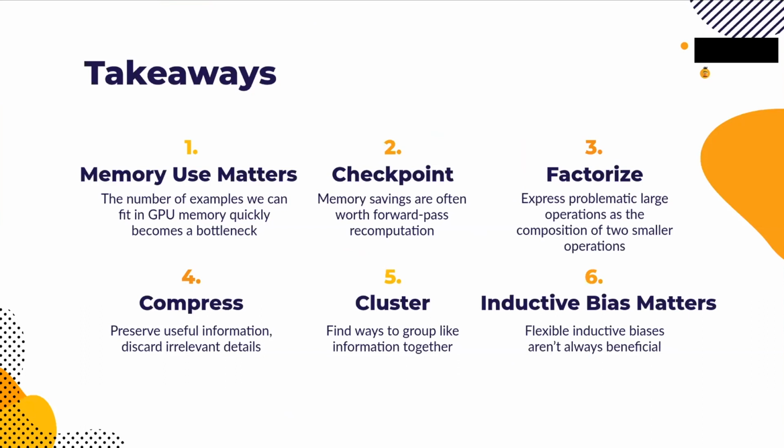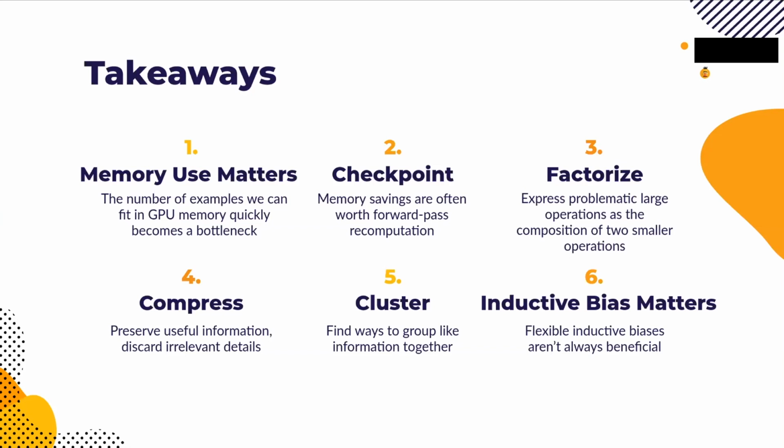So in terms of takeaways, what I hope you got out of this talk: memory use matters, and practical engineering tricks to reduce memory use can have pretty big impacts in the kinds of models that we can train. Checkpointing gradients is kind of an underrated trick that you should probably be applying to your own models if you're not, to get larger batch sizes.